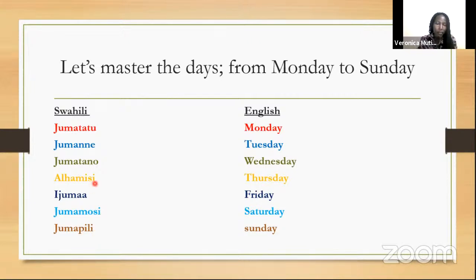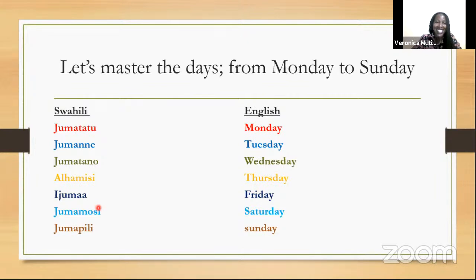So which among these looks very simple for you to remember? Shannon, I start with you. Which one do you think is the easiest to memorize? I feel like the first three, because tatu is 3 anyway.